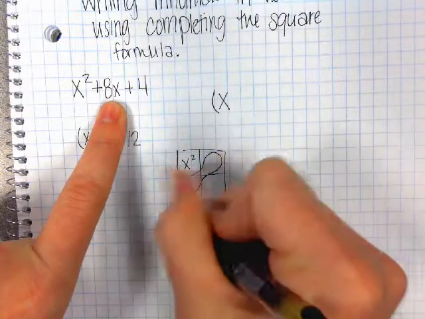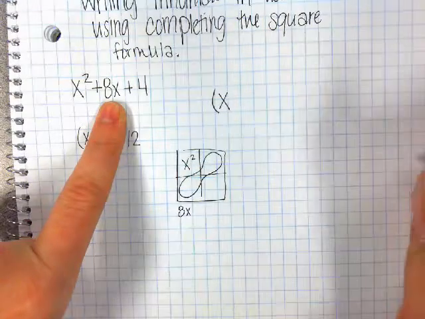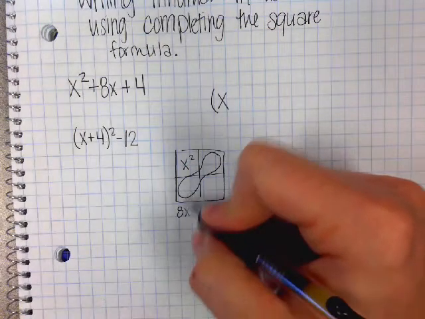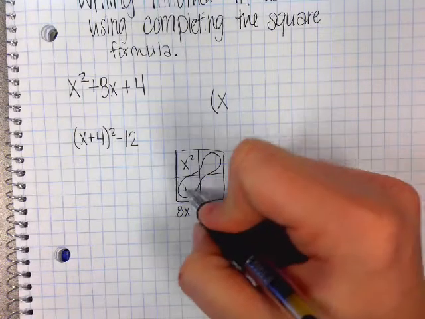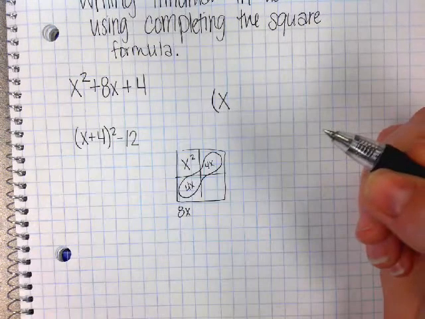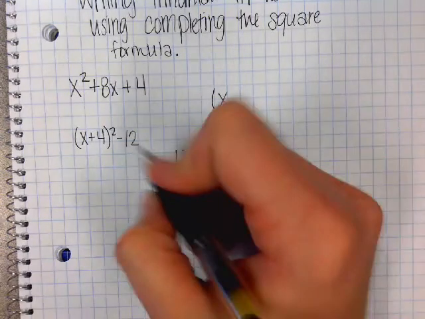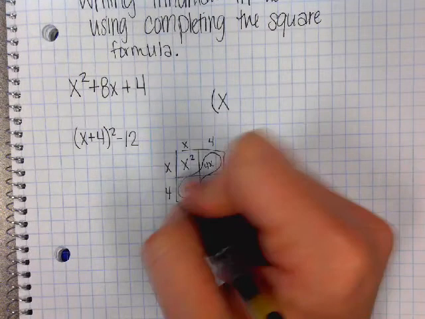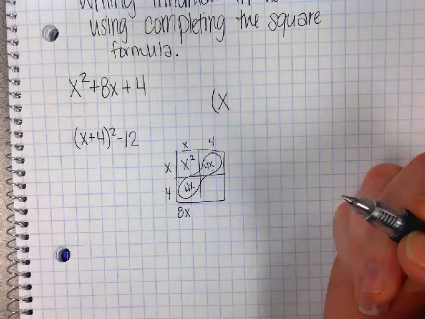Then I have 8x that came from those two. Now, if it's completing the square, I need to cut this in half. So 8 divided by 2 is 4, so it'd be 4x and 4x. Does everybody agree with that? So it'd be x times x, 4 times x makes 4x, and 4 times x makes 4x.